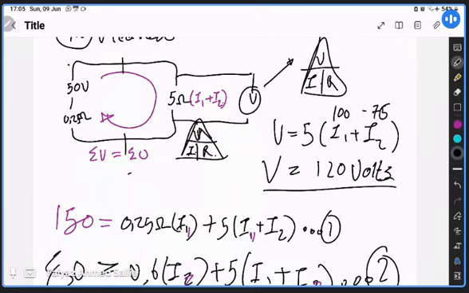Let's check the memo. The memo has 125 volts. Okay, let's see calculations. I'm still getting 120.